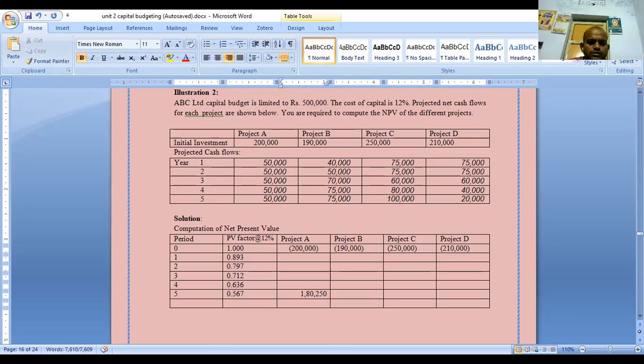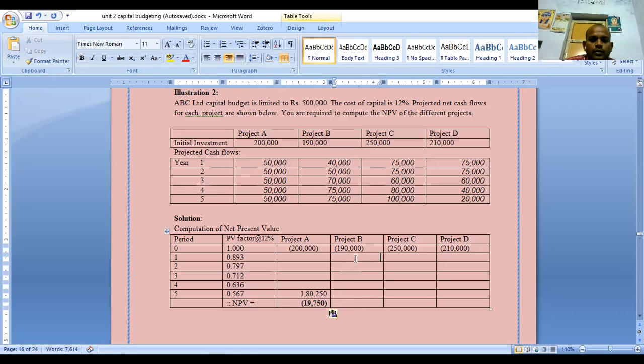PV of inflows are less than the outflows. So net present value, therefore NPV for project A is negative, 19,750 in negative.